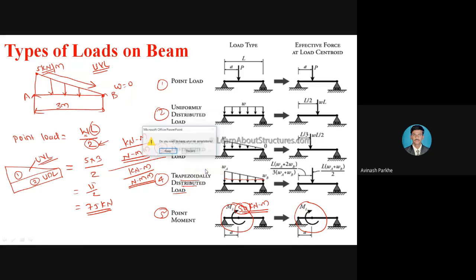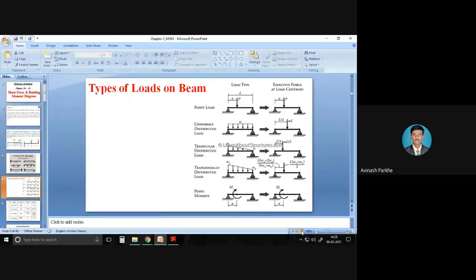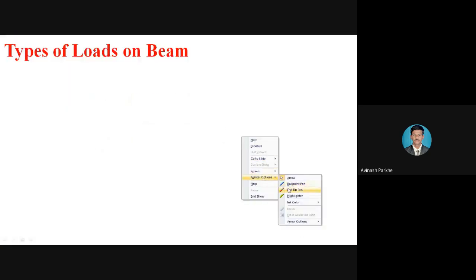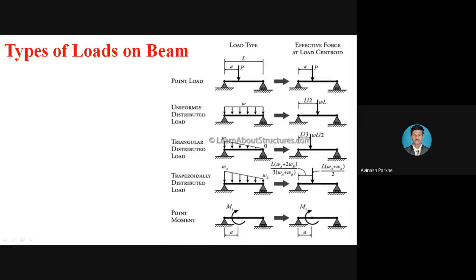Now another point, we have discussed about the UDL and UVL. This is the first figure for UDL. Same beam I will draw here, and the second beam is subjected to the UVL. The point A is present at the left, point B at the right.